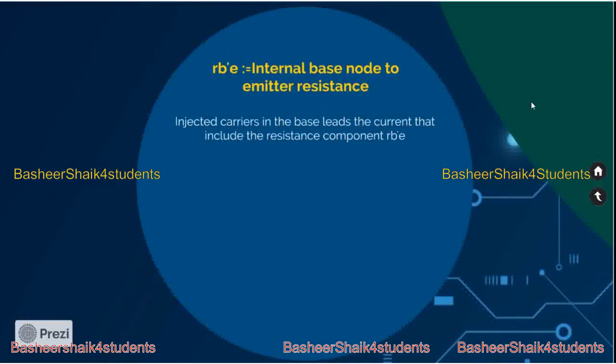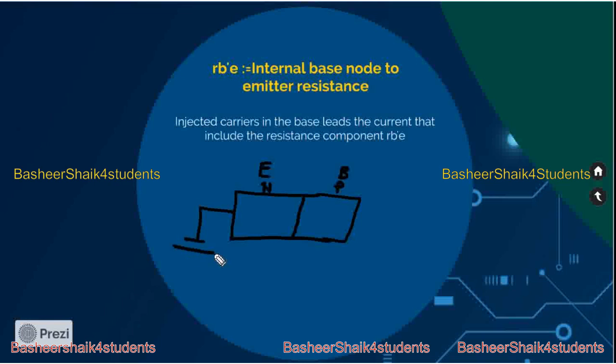Now we move towards the RB'E. If you observe the emitter and the base junction in the transistor, let's consider this the N-type material and this the P-type material, the NPN transistor.